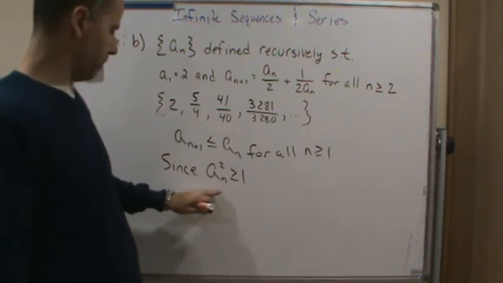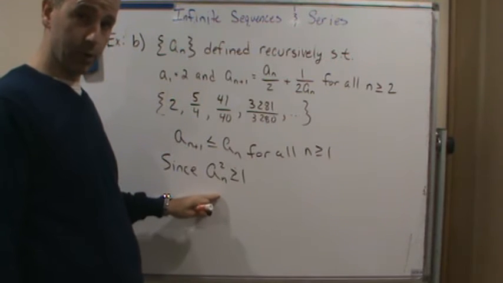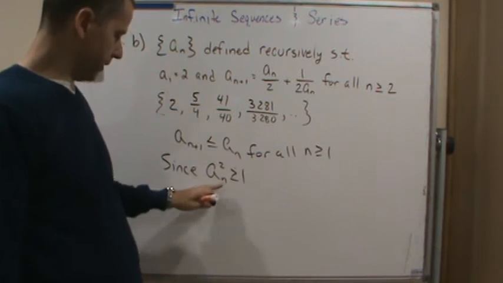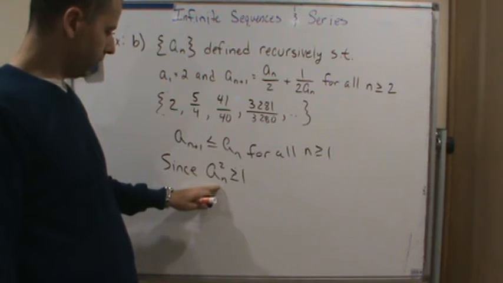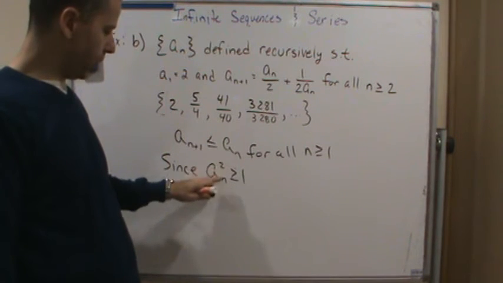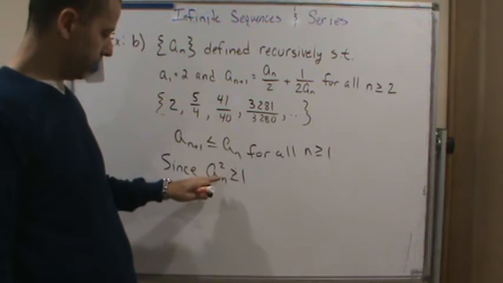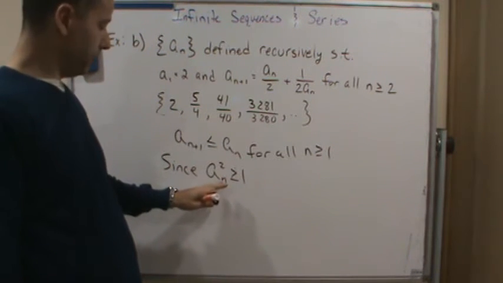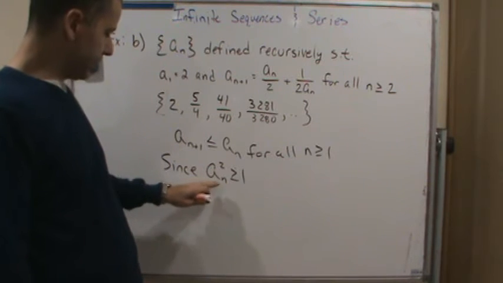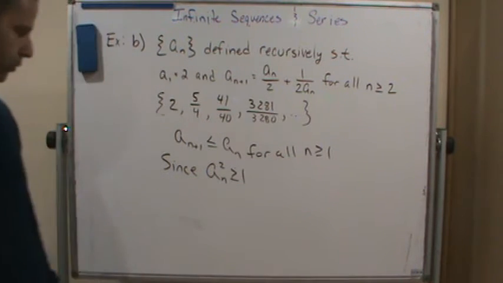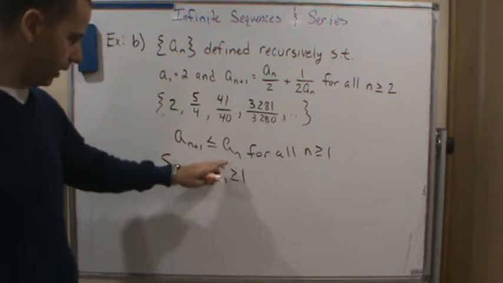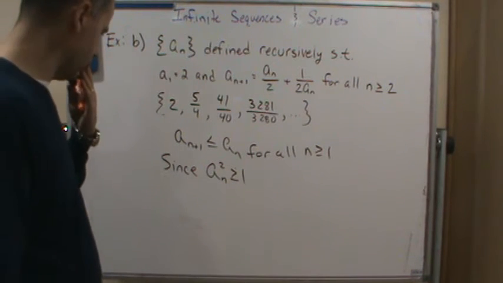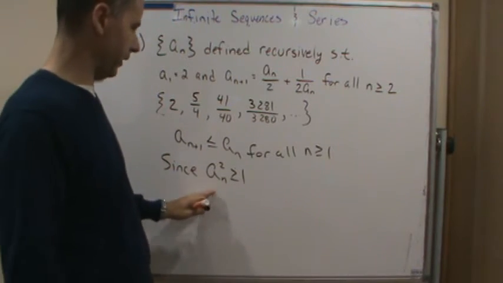And that comes from the fact that for all real numbers, the square that I erased, a sub n squared minus 1 squared, is always greater than or equal to 0.